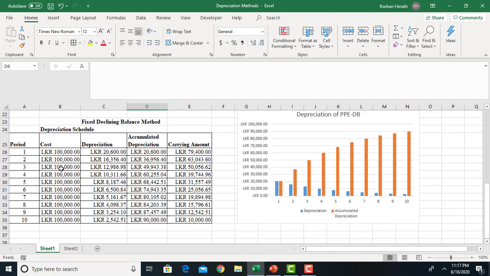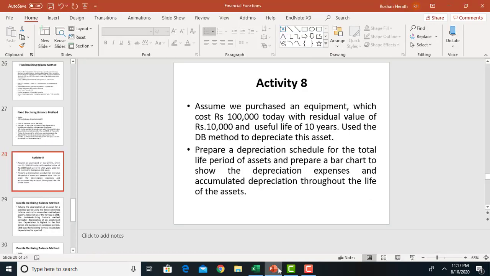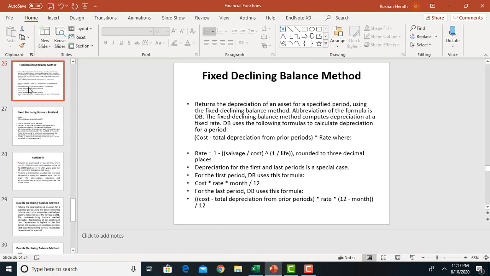So here I would like to take you through one important thing. We agree that when it comes to this depreciation, we'll be using a constant rate, and how that particular rate is computed was given in the Excel, given in the presentation. We may go and take that rate computation, and let's apply this to this question and see whether that is the case.